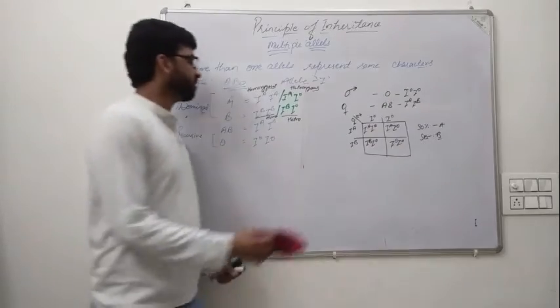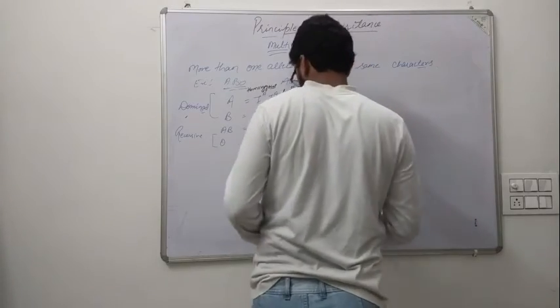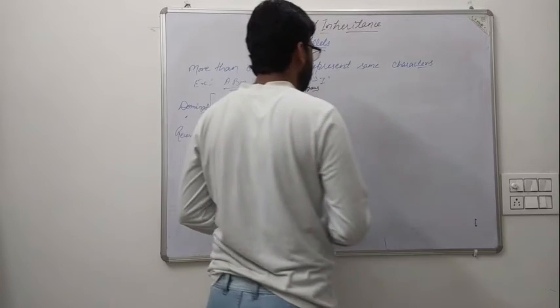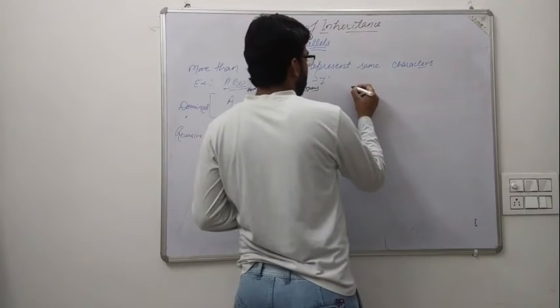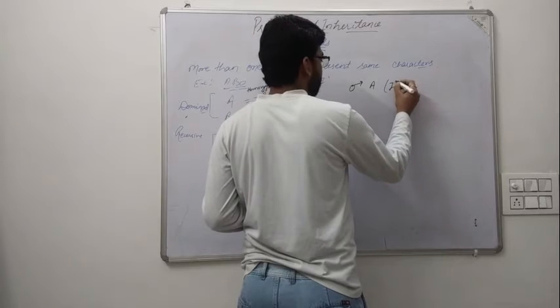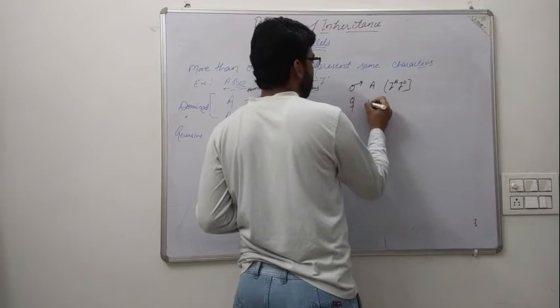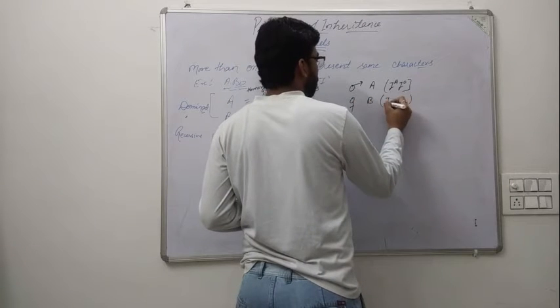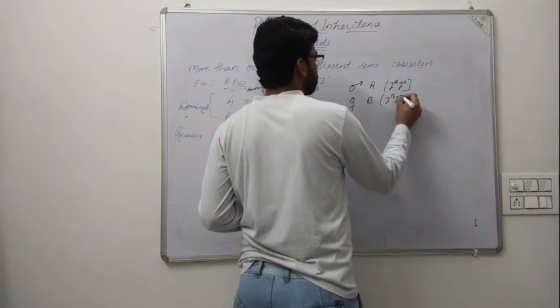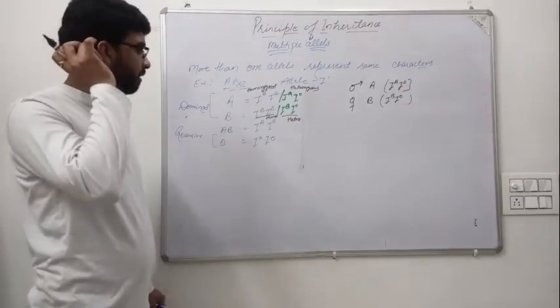Now the next question is, if the father has blood group A, given as IAIO, meaning heterozygous condition, and the mother has blood group B, IBIO, also a heterozygous condition, then what will happen here?